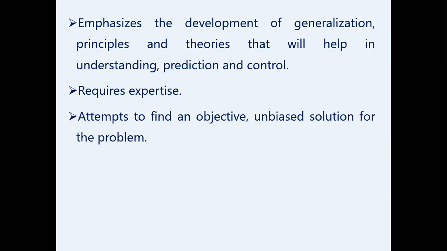Now, it is also an attempt to find an objective or unbiased solution for the problem. Now, what do these statements define? Whenever you do your z-test sum, do you remember, students? Yes, ma'am. So when you do a z-test, you go for the question, go for the claim. You're not saying that the theory is actually true.